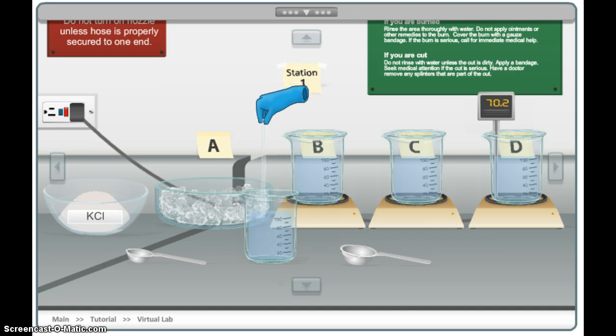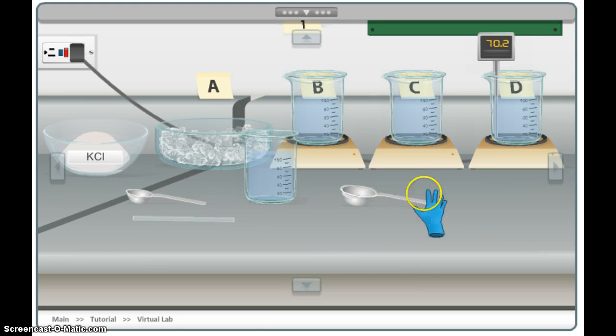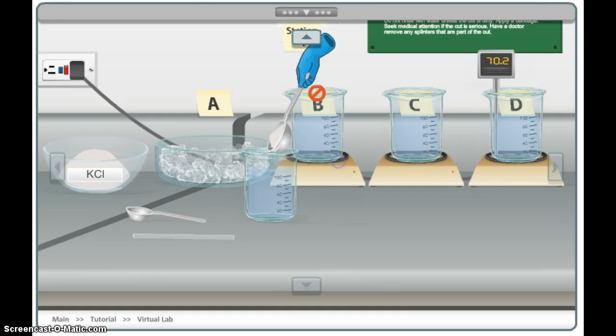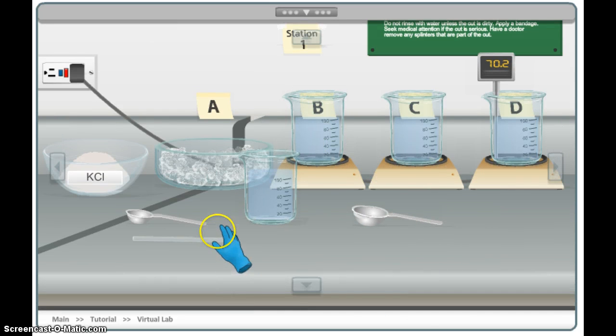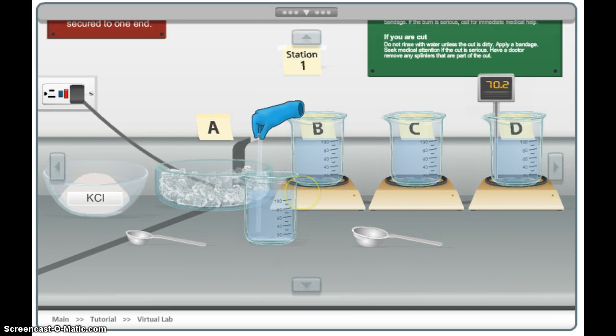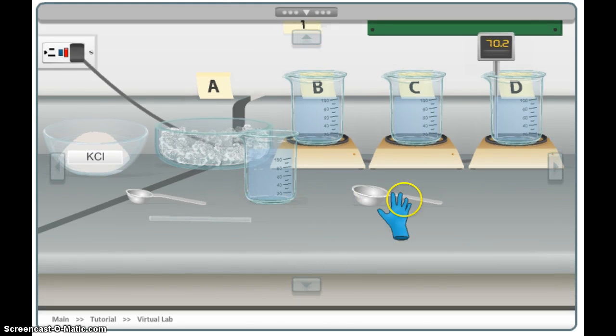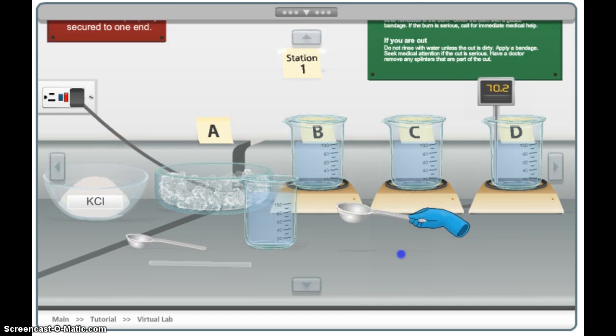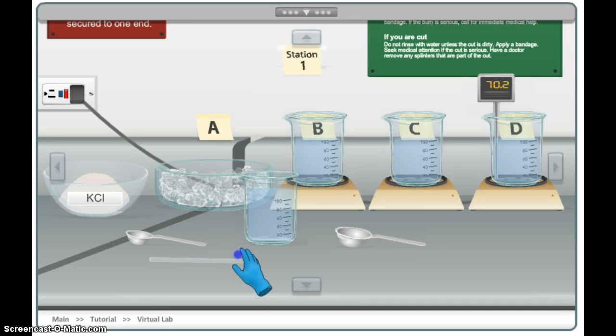And did it all dissolve? Yes, it's gone. So is it saturated? Nope, I can put some more in. All right, so now I have some at the bottom, and I'm going to stir it up and watch. And did it all dissolve? Yep. Is it saturated? No. All right, let's put in our fourth scoop. So stir it up.